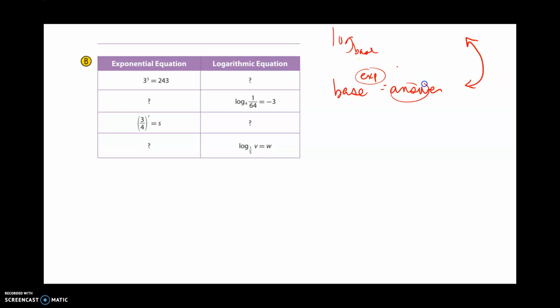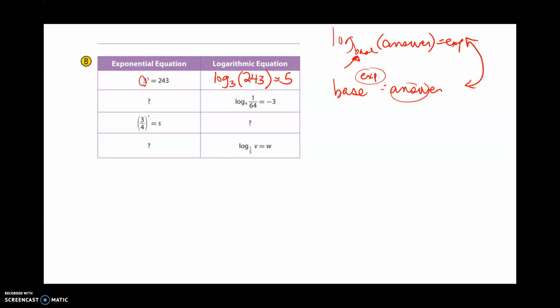These two pieces switch sides, don't they? So the log base of the answer equals the exponent. Okay. Base of 3. So log base 3. Notice this is a subscript, isn't it? Log base 3 of the answer, 243, equals the exponent 5.